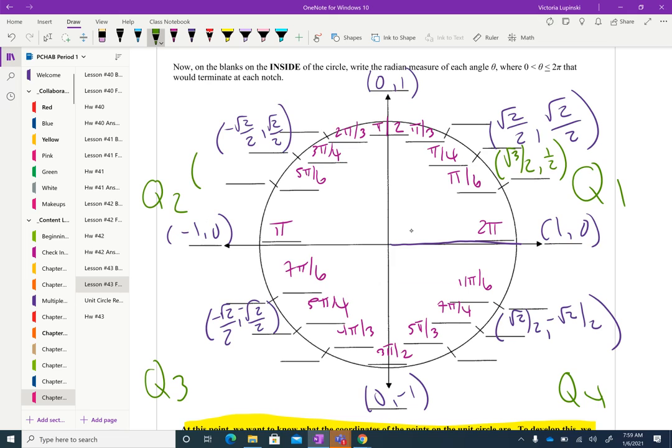Then over here in the second quadrant, it would be negative root 3 over 2, 1/2. At 7 pi over 6, it would be negative root 3 over 2, negative 1/2. And at 11 pi over 6, it would be root 3 over 2, negative 1/2.